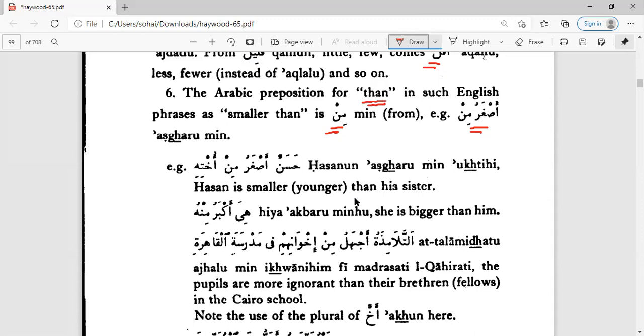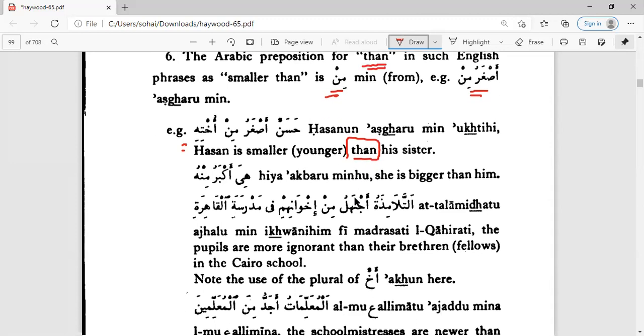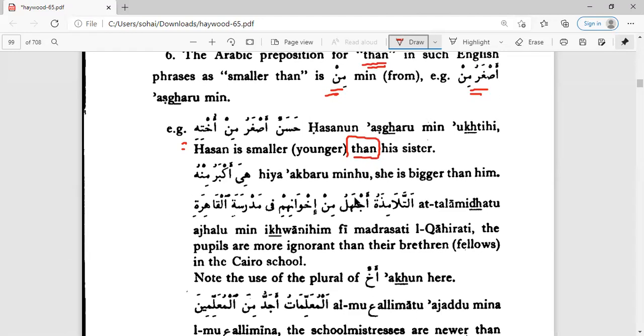Hassanun azgharu min. Min is than, right? So Hassan is smaller or younger than ukhtihi, than his sister. And here, look at this, it's not kubra, it's akbar. Akbaru minhu. Again, min. She is greater or bigger than him.